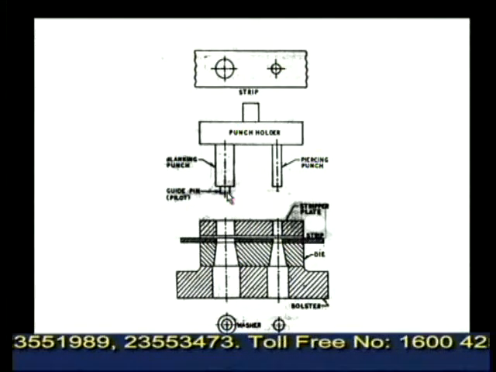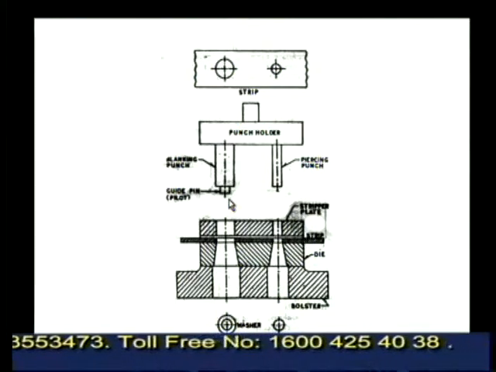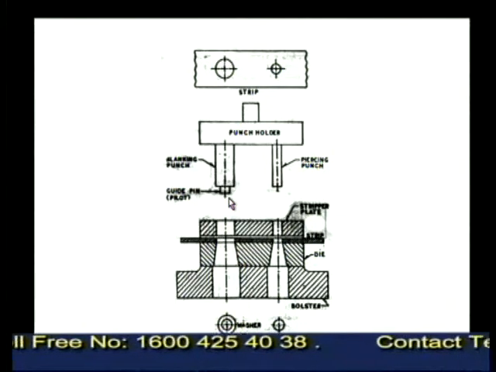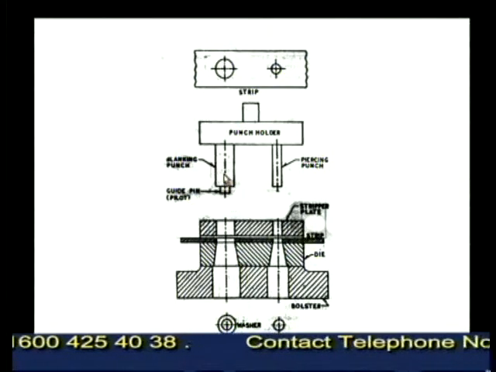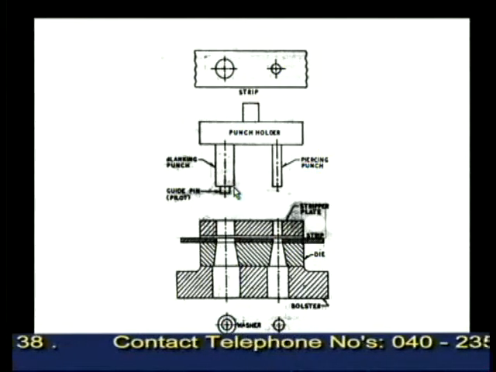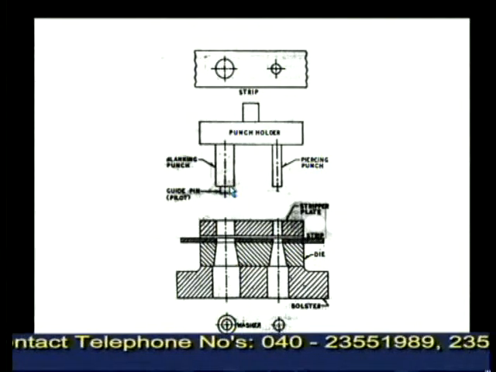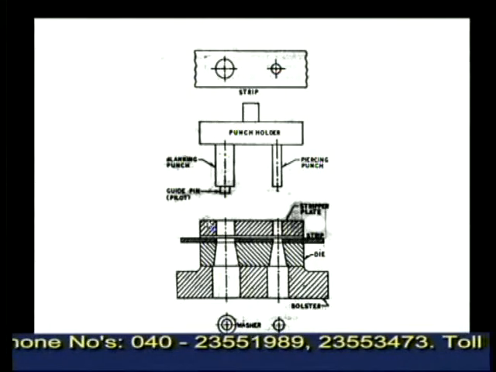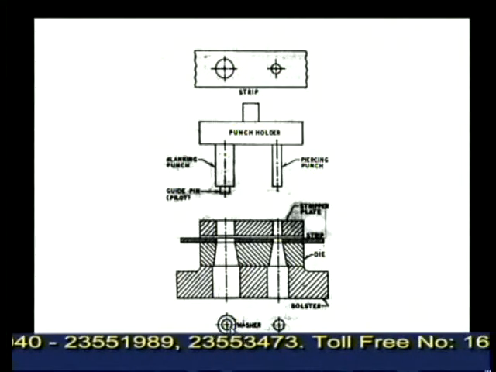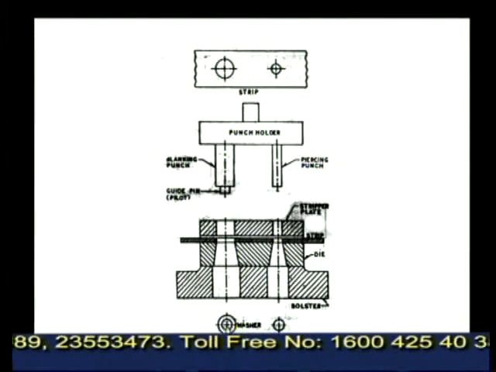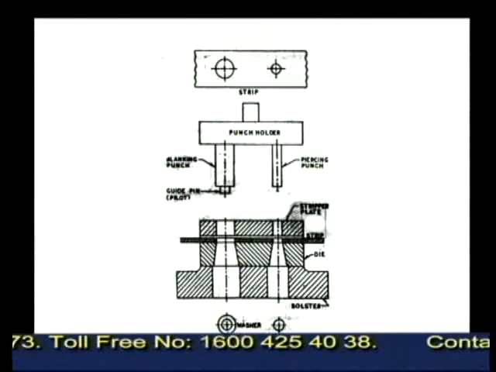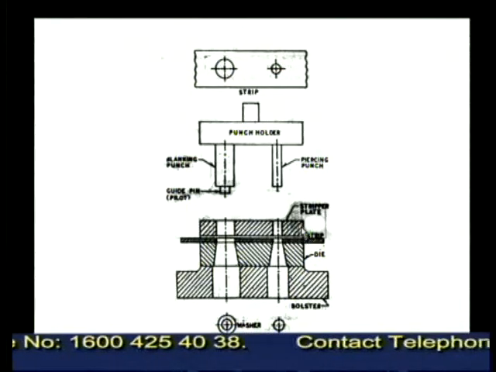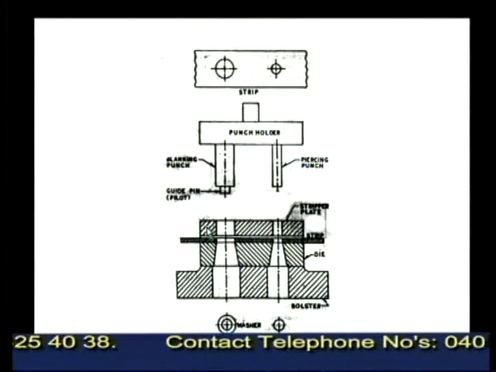This is called the guide pin, which holds the stock in position, and the remaining blanking operation will be carried out by this remaining punch. So thus you can see this component can be manufactured by using the same die set.